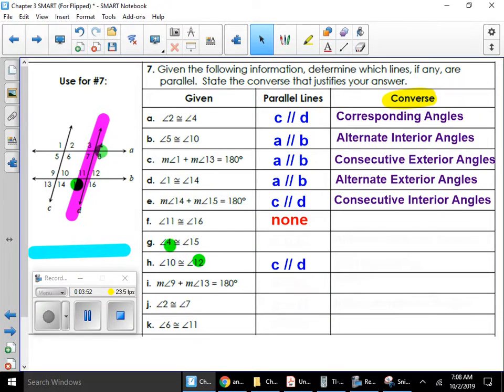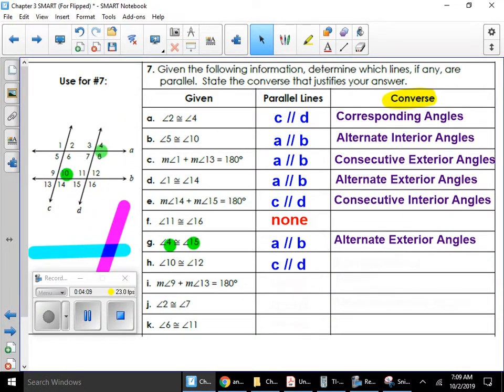A and B there, I jumped ahead one, that's what happened. A and B there are our parallel lines for example G, angles 4 and 15. I can say that because they are alternate exterior angles. And of course, I just gave away 10 and 12. 10 and 12 are those two there. They are corresponding angles. Awkward how that one's got an extra space in it.